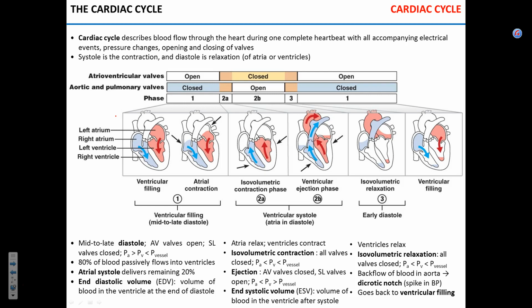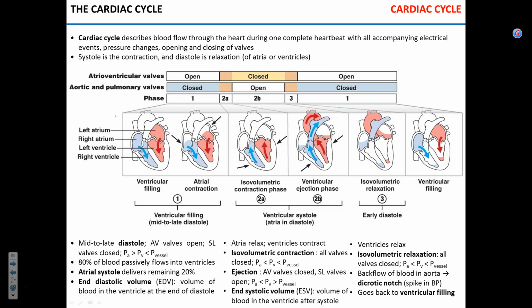We have learned how electrical impulse is transmitted from SA node through AV node through the bundles to the Purkinje fibers. And what is probably most important, we have learned what happens to the chambers at different stages of the electrical signal transmission. Does that make sense?